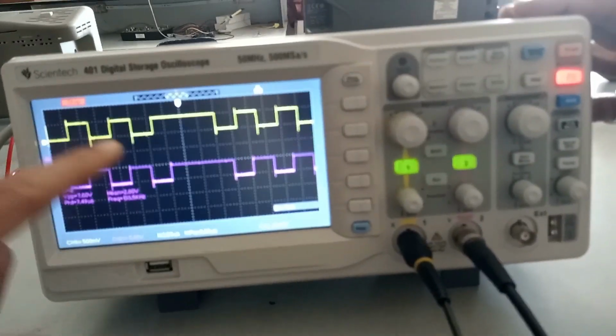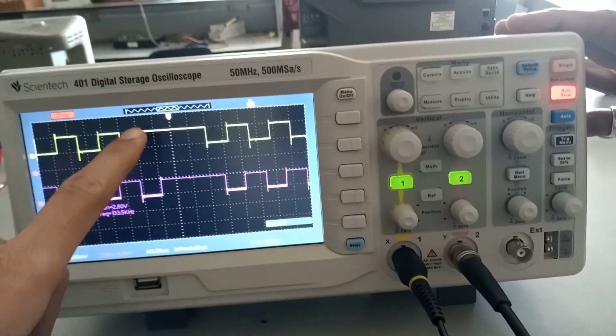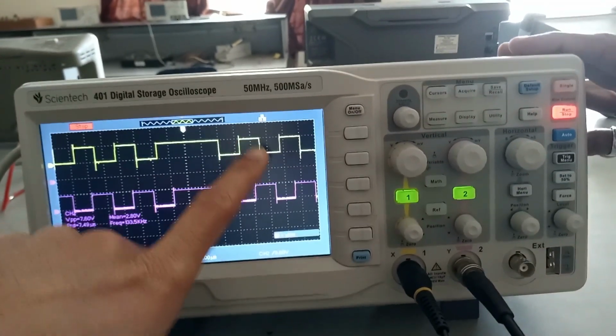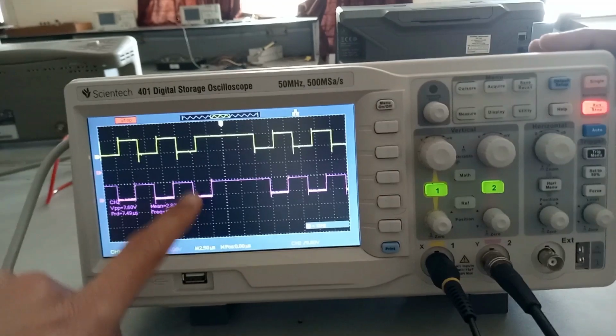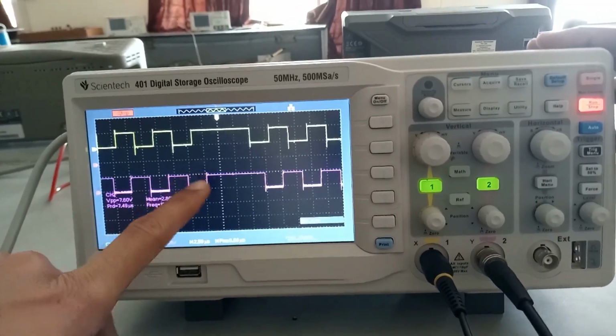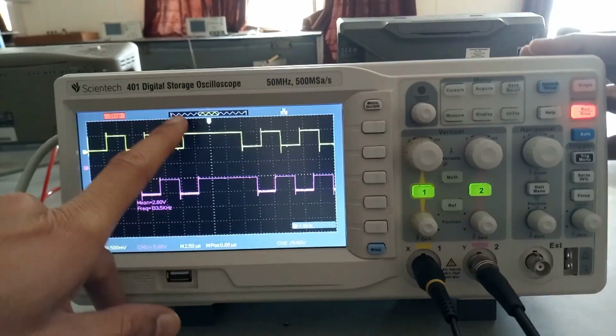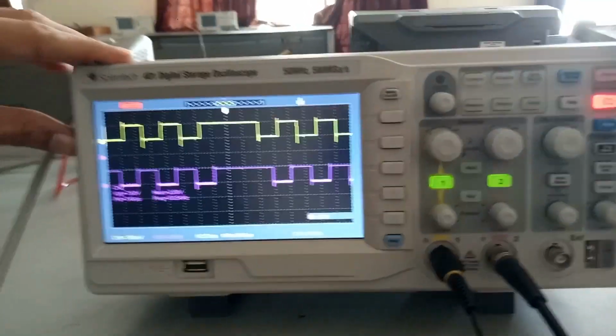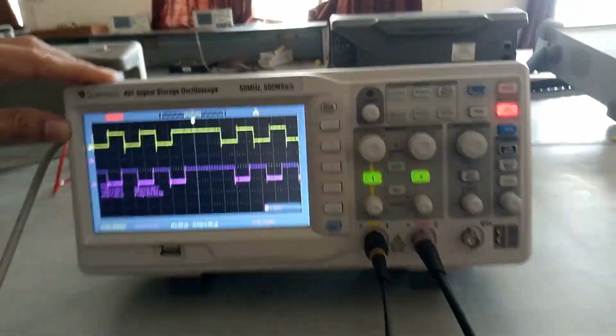See this, now there is a periodic pattern, 1110, then 1010. Again the demodulated data is following the input. See this, 1110 1010. So this is your demonstration of the FSK demodulation process.